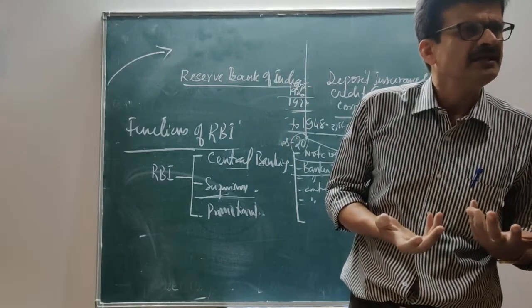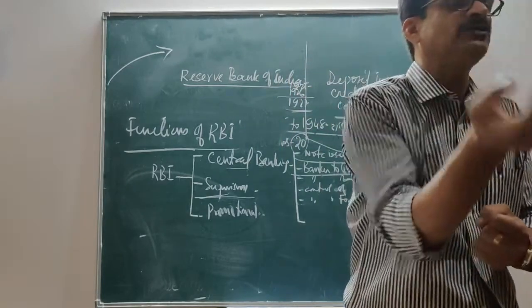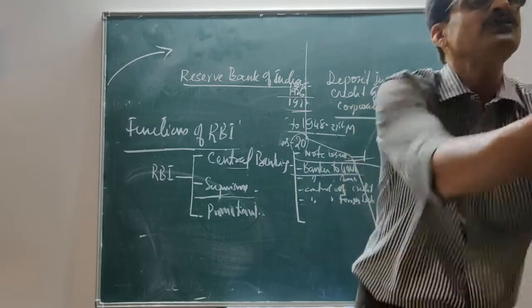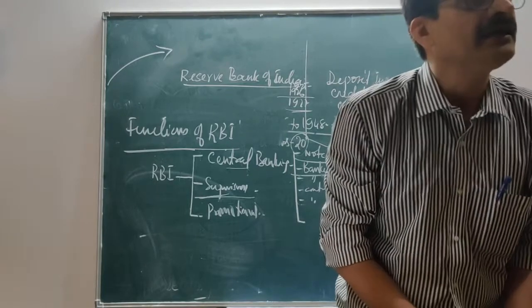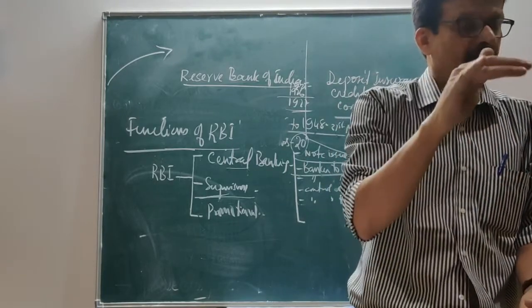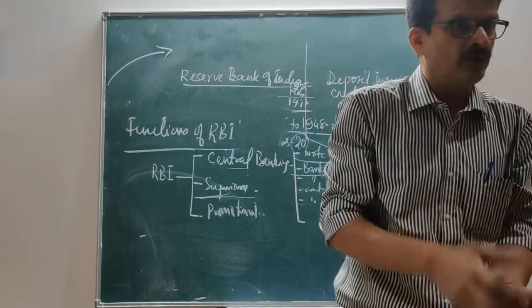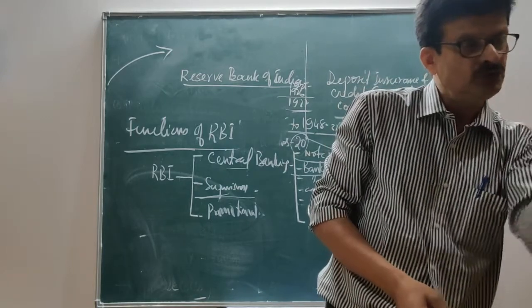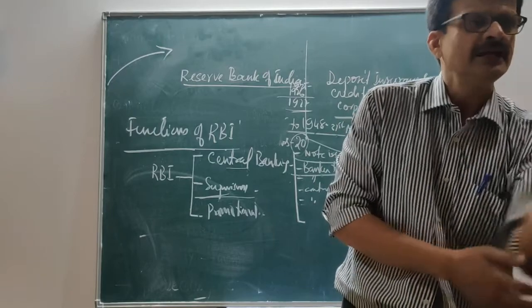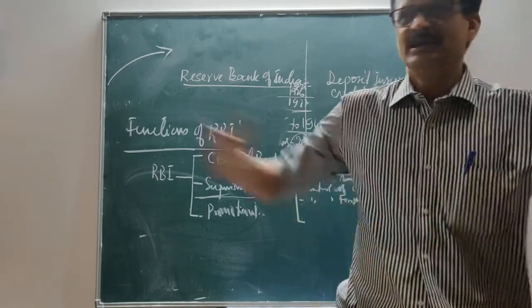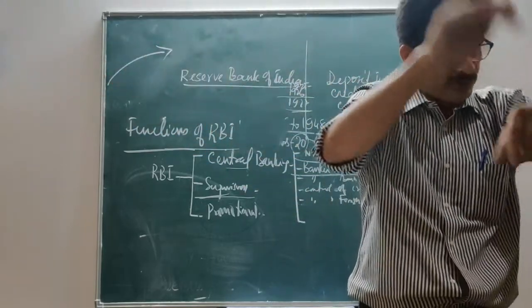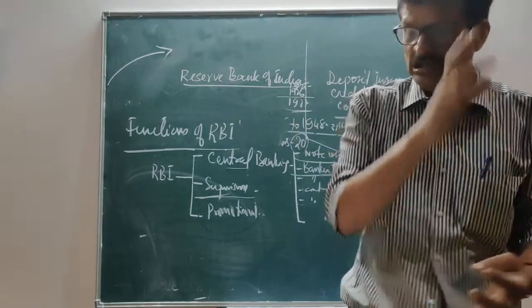RBI may do it. Why? It is not that I am trying to dictate upon you. It is trying to save you. If you grant a bigger amount by way of loan, if it is not repaid, what will happen? You will collapse. If you collapse, people of the country will collapse. Therefore, to prevent all that, then restriction on clean advance.